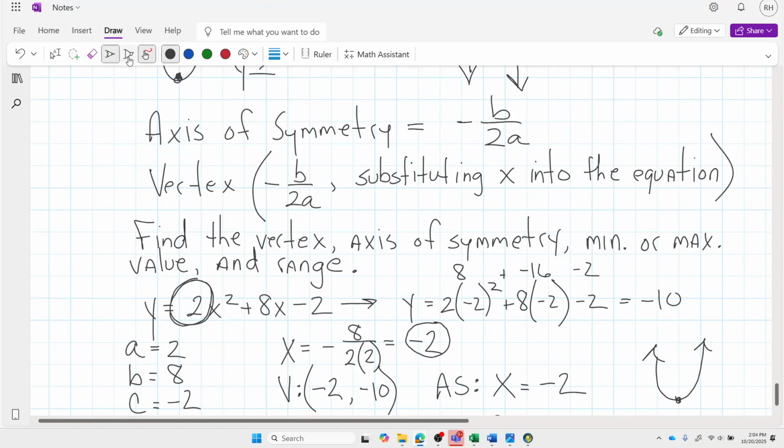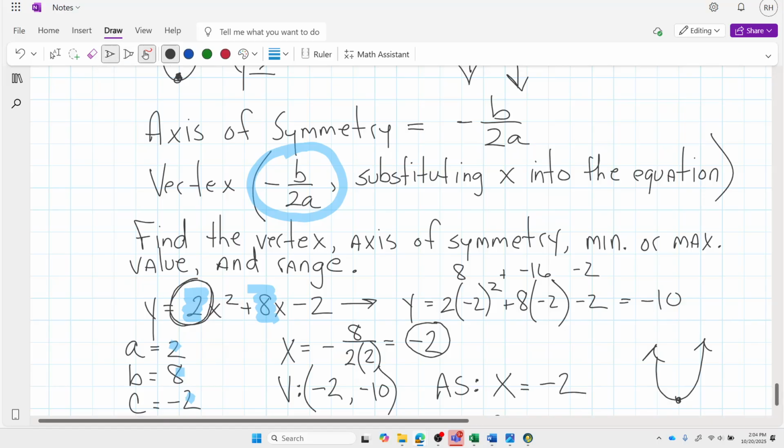X at the vertex is equal to the opposite of b over 2a. This is your a, this is your b, okay? And that's why I think it's always best to just identify those values first when you do the problem. Find your a, your b, and your c.